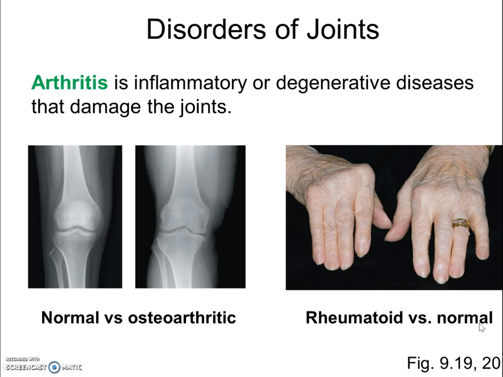Next, we have rheumatoid arthritis. This is an autoimmune disorder. Basically when your own body system is attacking itself, and where it attacks is at the joint. So here on the left, you see a rheumatoid arthritic hand, and then on the right is a normal relaxed hand. So you can tell here, look at the stiffness of the joint. Basically what happens is that the bones start to fuse together because the joint itself is not proper with the cartilage in between.